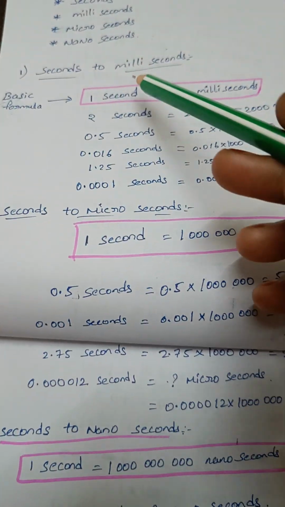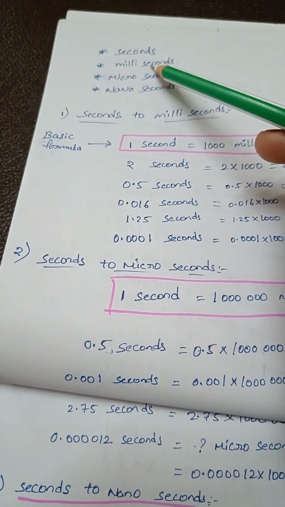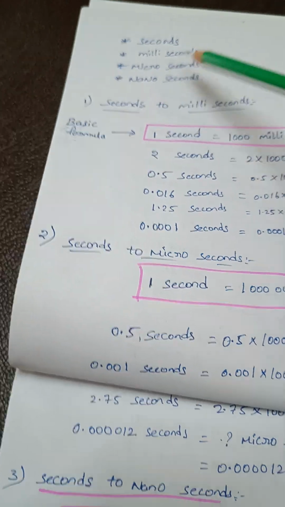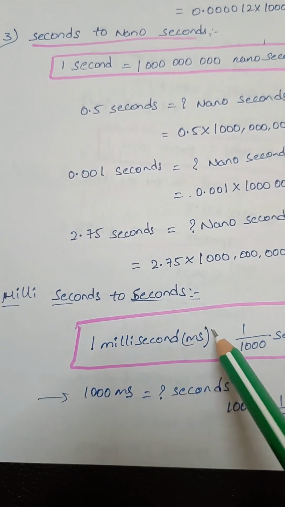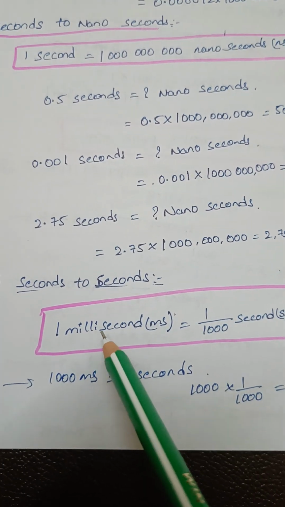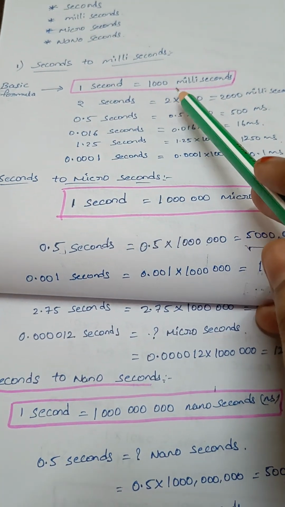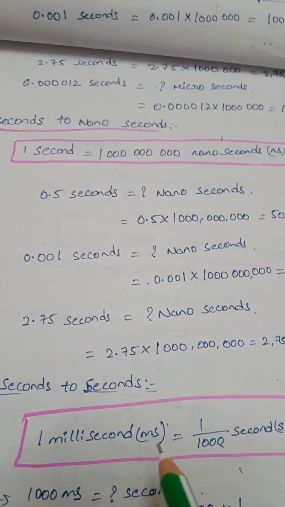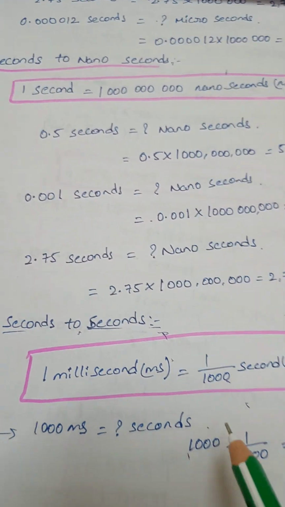Now we will consider milliseconds. We are going to convert milliseconds into seconds, then milliseconds to microseconds, then milliseconds to nanoseconds. Milliseconds to seconds: for that we need to divide by 1000. Initially we multiplied with 1000, now we are going to divide by 1000.